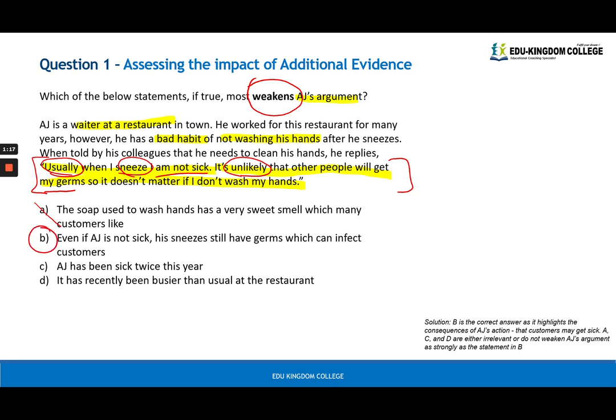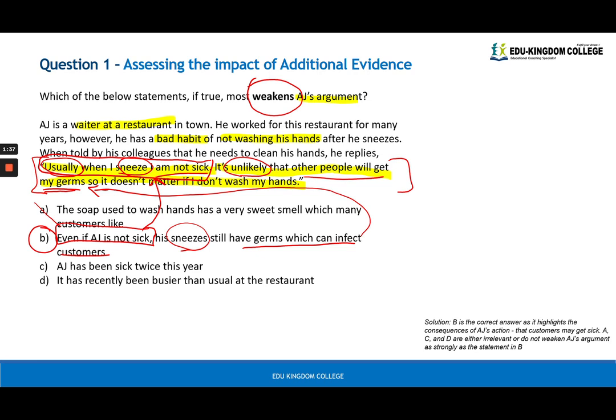Now, B is correct because it actually addresses this first part when he says, usually I'm not sick, right? It addresses that. And it also talks about why his sneezes can actually still infect customers, which is opposite to what he says, right? It's unlikely that people will get germs. So because of these links, B best weakens AJ's argument, so it's the correct answer.